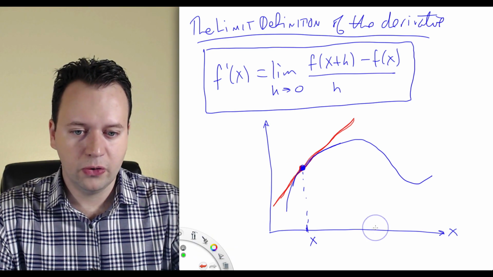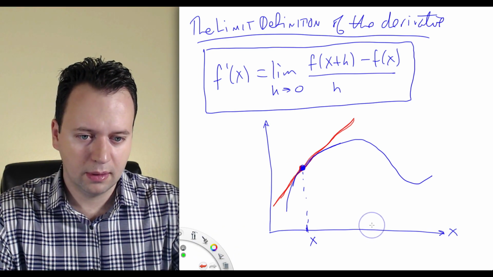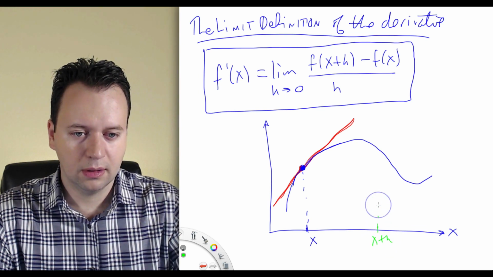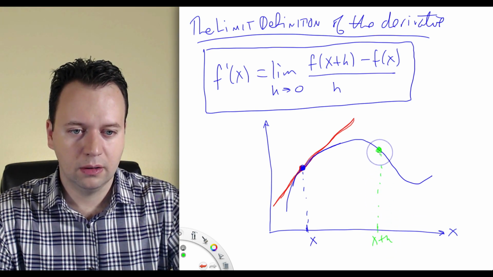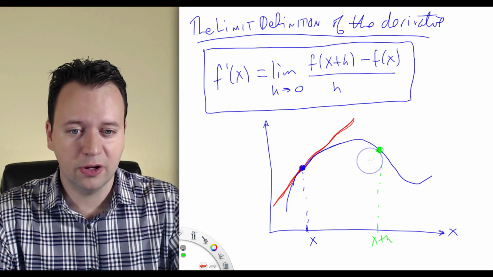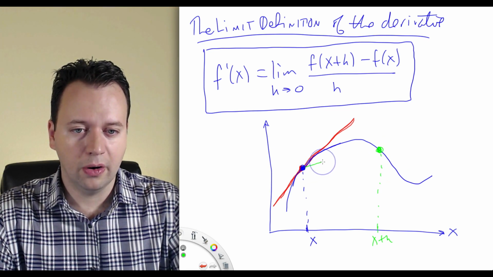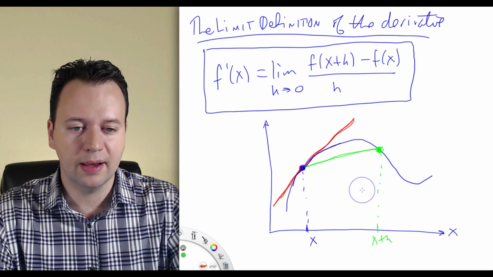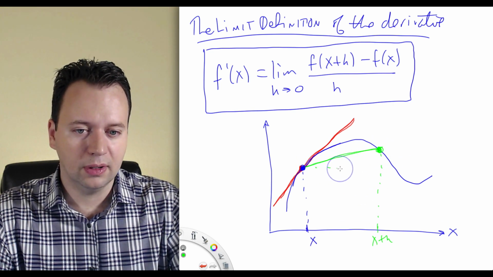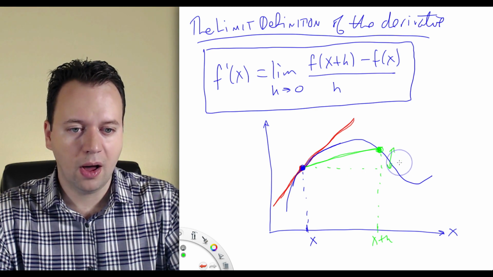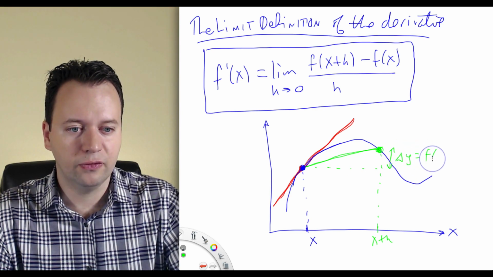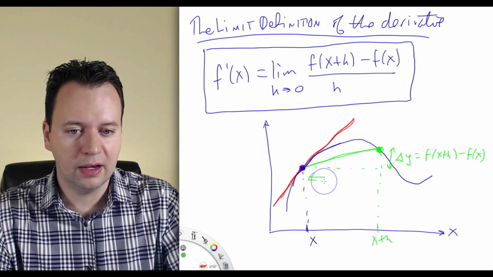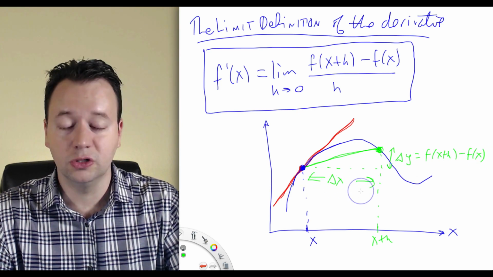Now when we compute x plus h, it looks exactly like the picture we had before, where f of x plus h minus f of x over h is just the slope of this line. Because again we have the delta y, which is f of x plus h minus f of x, and then down here we have the delta x, which is just equal to h.